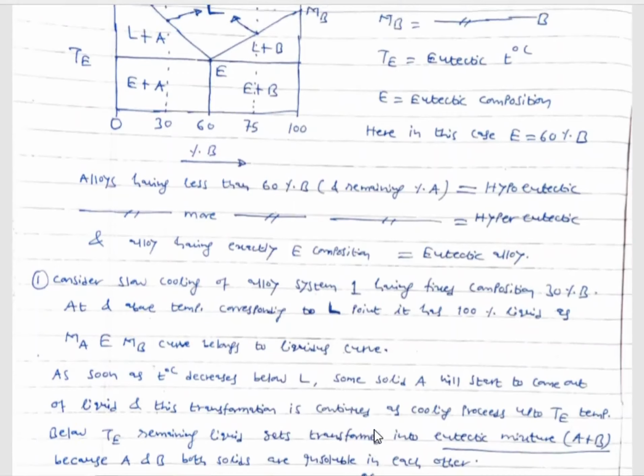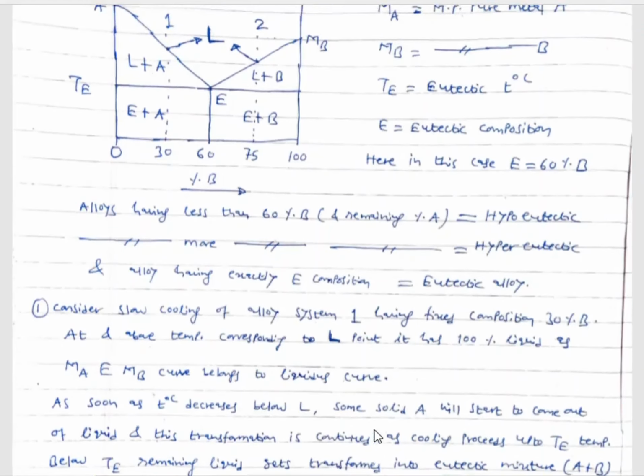That is, below Te, solidification will be over. In between liquidus to eutectic temperature, solidification is in progress, but solidification is not over. So say only 10% liquid has been transformed into solid A particles. So the remaining liquid will get transformed into solid below eutectic temperature.